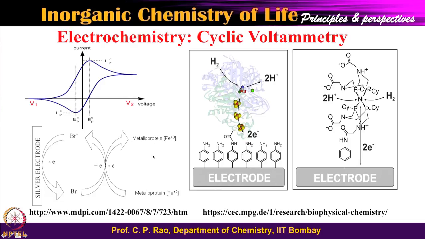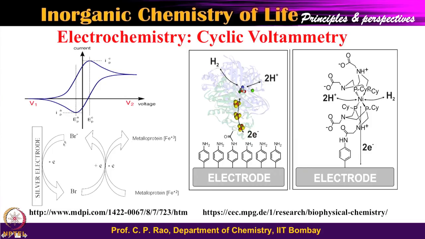That is oxidation, and this one, Br going to Br minus, is reduction. This oxidation is connected with this reduction, and this reduction is connected with the electrode. From the electrode you go from Br minus to Br.